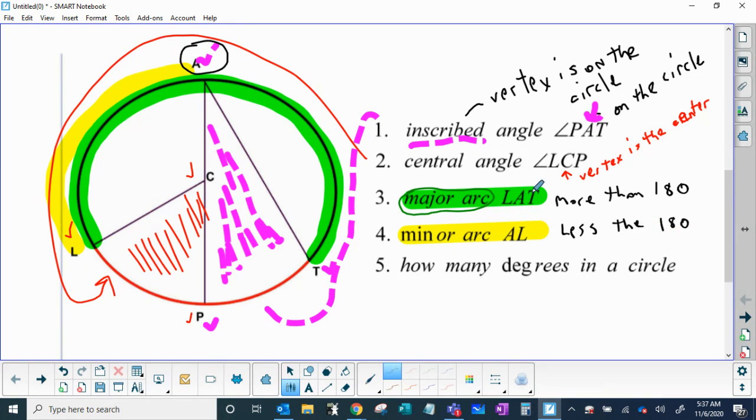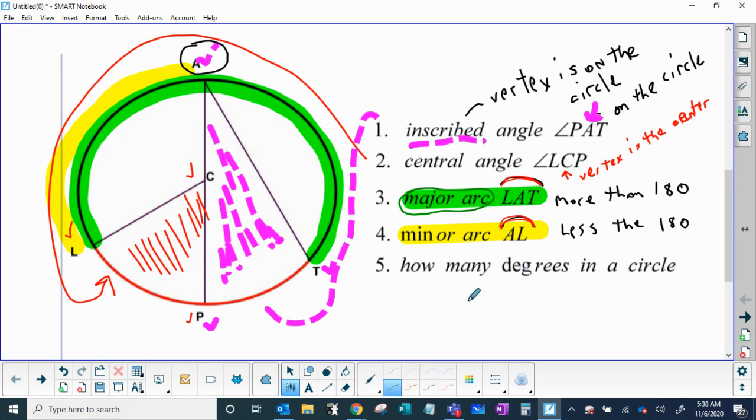And then when I was typing this, I forgot we marked that with this symbol, okay? An actual arc symbol, okay, over the letters. All right? And how many degrees in a circle?